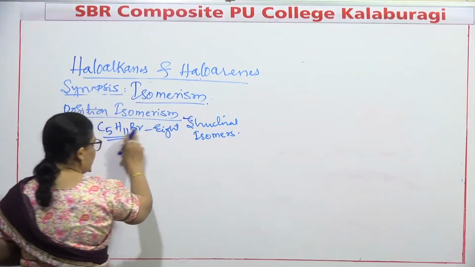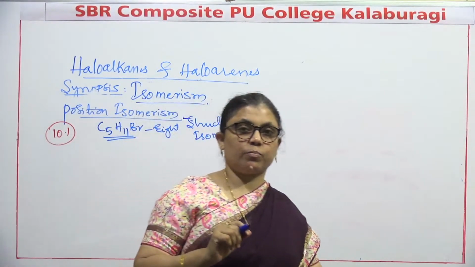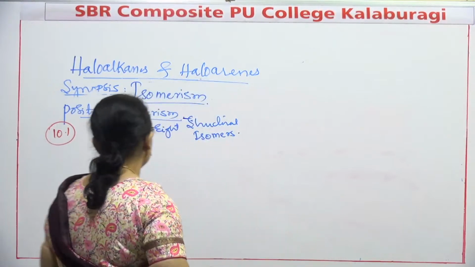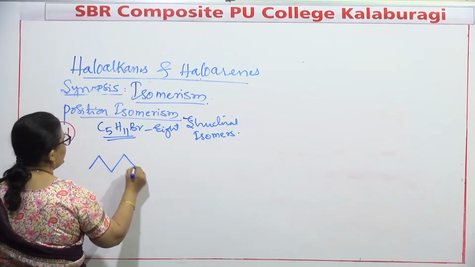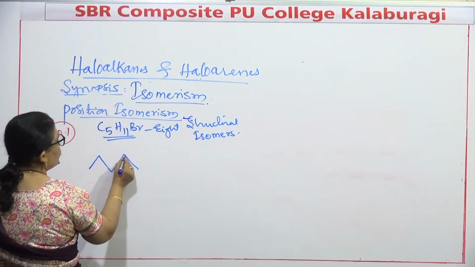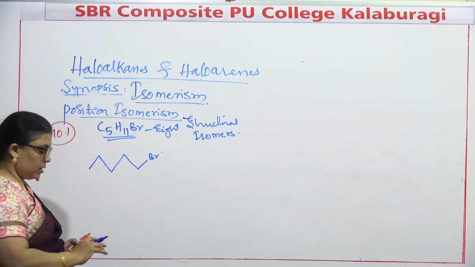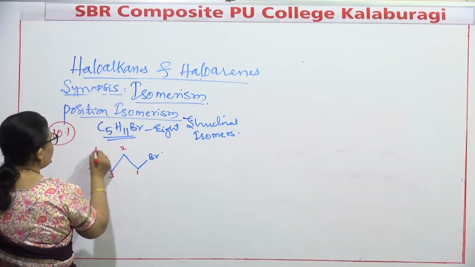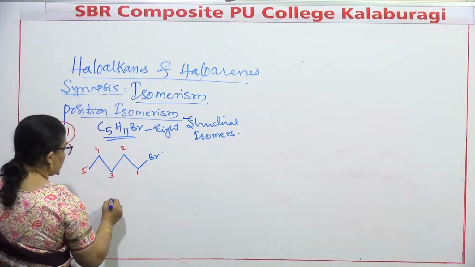Whenever you are going with respect to this one, first, two structural isomers are possible, chain as well as position isomer. Let us take 1, 2, 3, 4, 5. This will be Br. Correct? Now, parent chain is what? 1, 2, 3, 4 and 5.